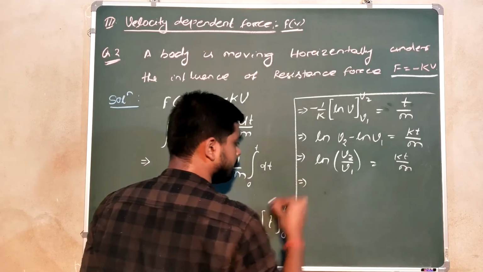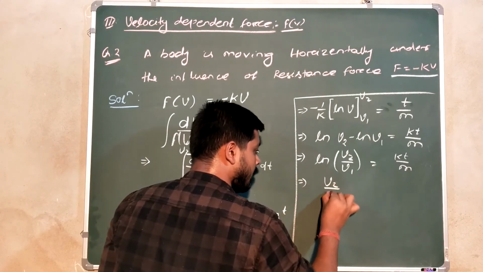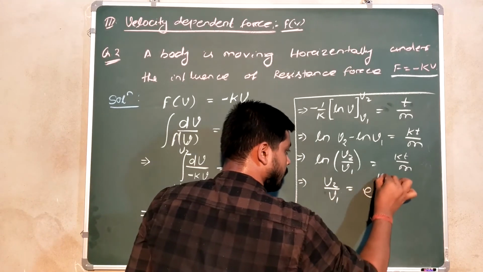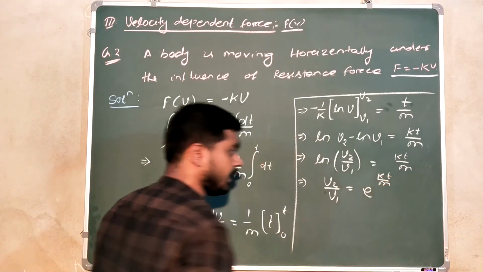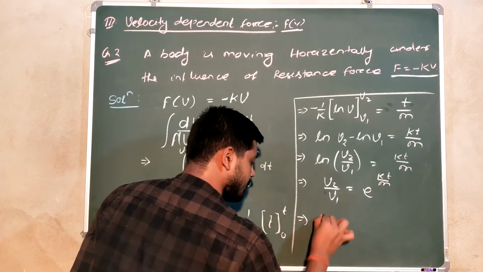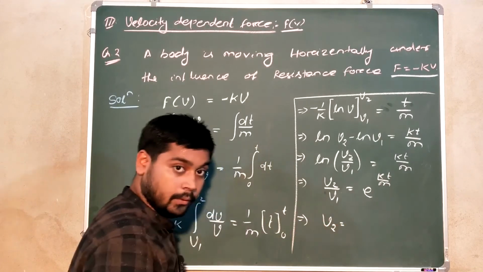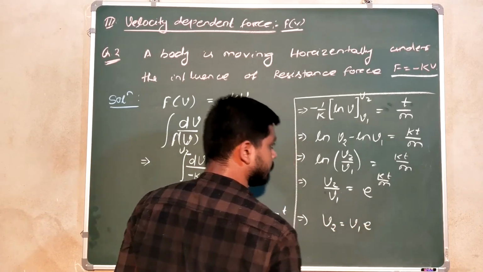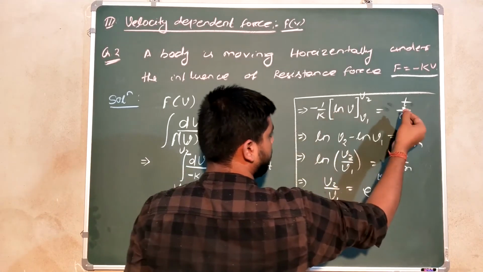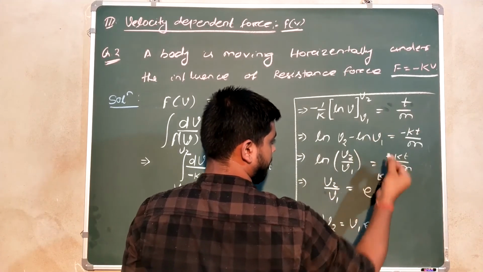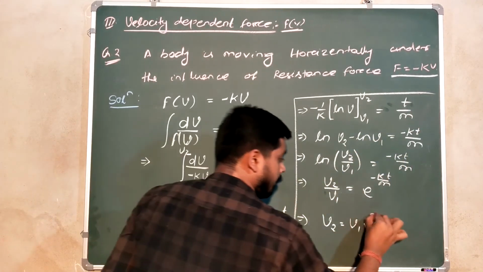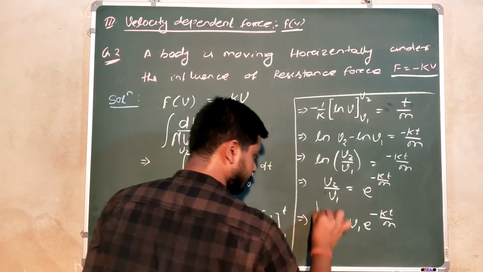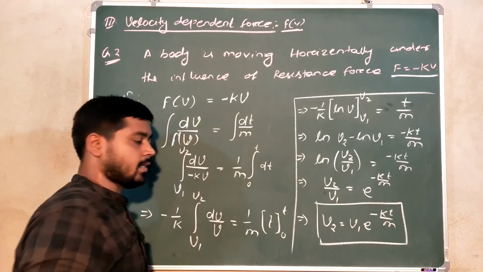Then v2 by v1 equal to e raised to kt by m. That implies v2 equal to v1 e raised to, sorry, this one is minus kt by m, minus kt by m. Yes or no? This one is the final answer.